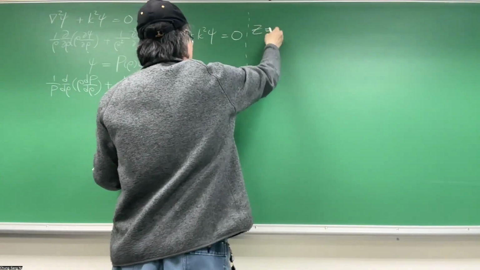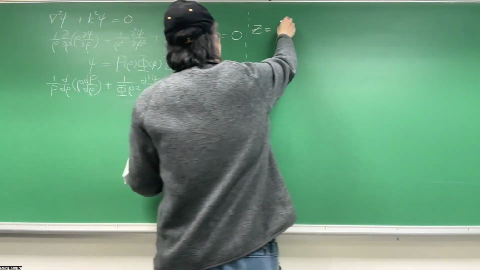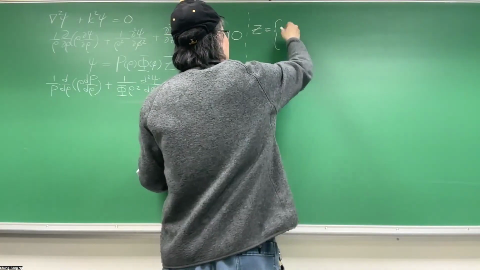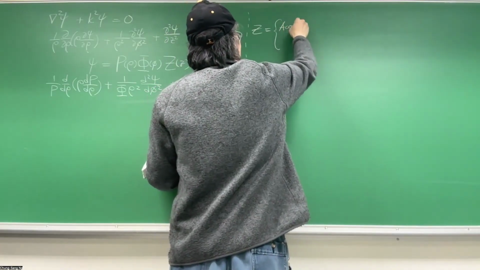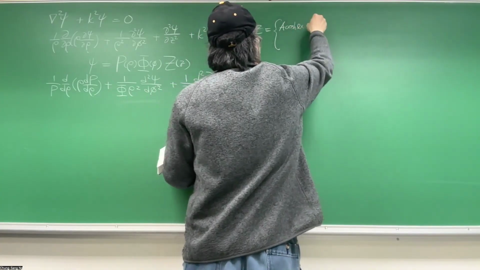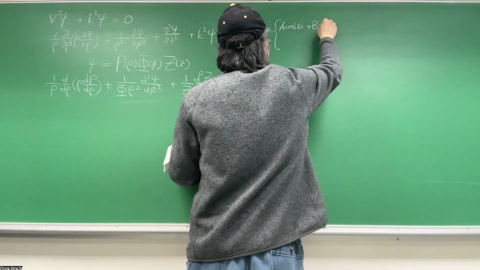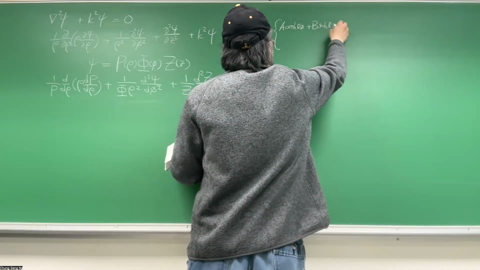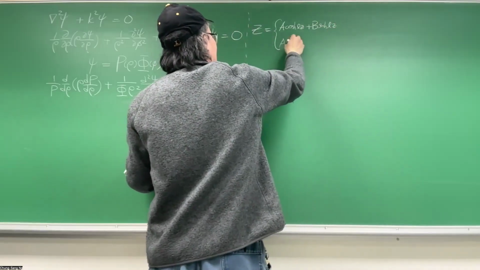So you can write down the general solution now. Z is either cosh or sinh: A cosh(Lz) plus B sinh(Lz), that's z. Or exponential functions.